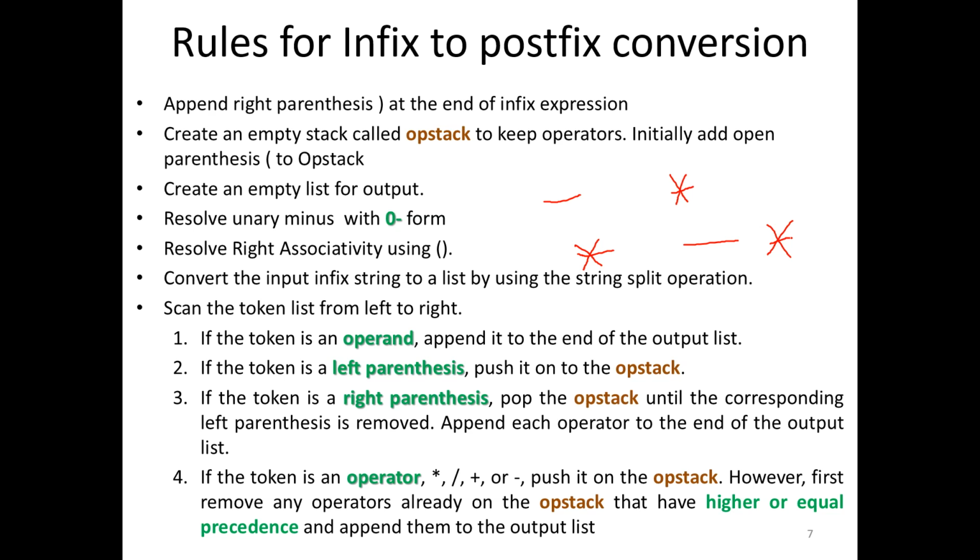The scanned symbol must be added to the OP stack. If a higher priority symbol appears in the stack, that must be removed and added to the OP list. If a lower priority symbol appears in the stack, then there is no need to remove it, just append the new symbol at the end of the stack.